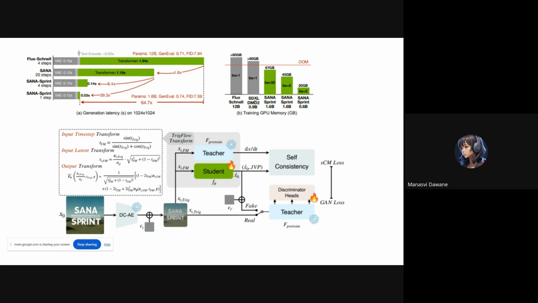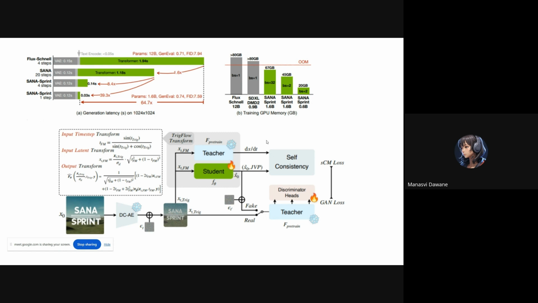Now next, if you see here, the OOM stands for out of memory. So the red line is out of memory. The max memory is 80 GB, it's one of the best GPUs. So 80 GB is the limit.